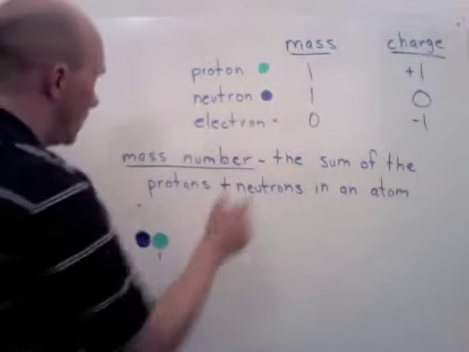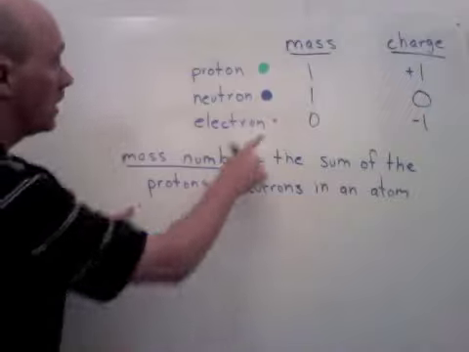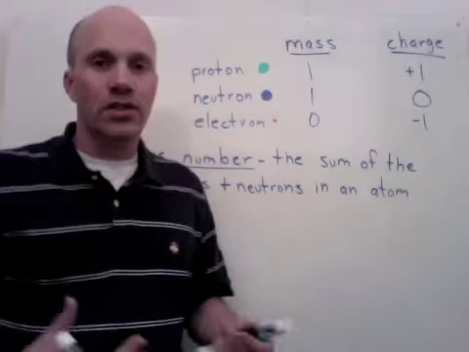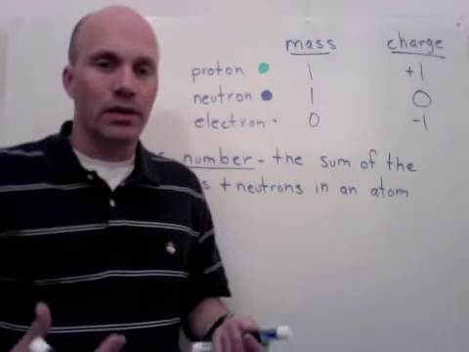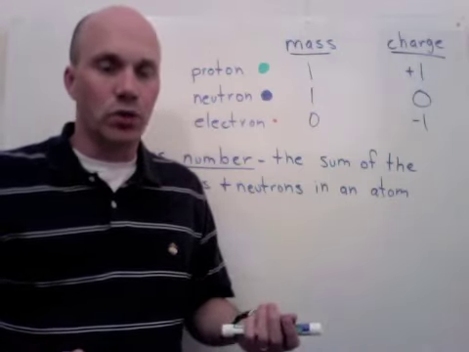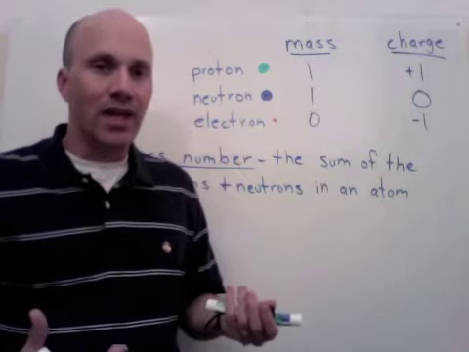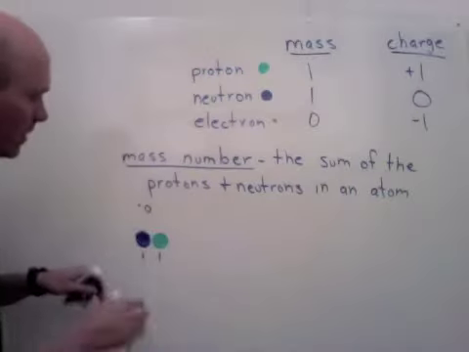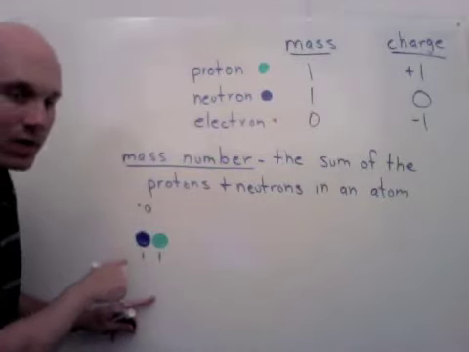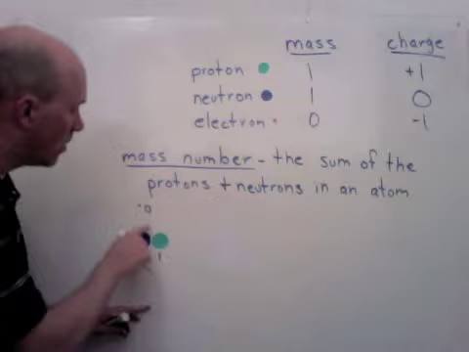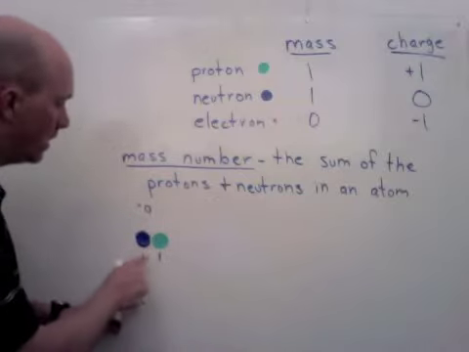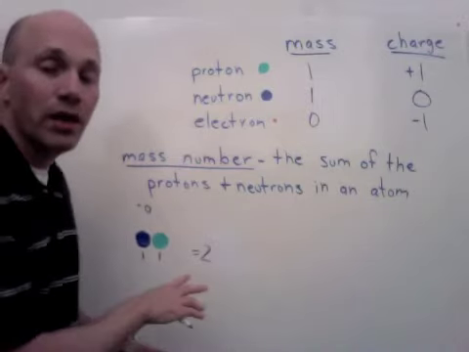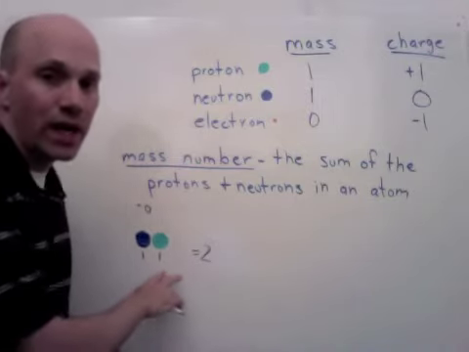A neutron also has a mass of 1. An electron is considered to have a mass of 0. So just like you could consider your body weight to be the sum of the weight of all your individual body parts, the mass of an atom is just the sum of the mass of all the particles that make it up. So the mass of this entire atom would just be the masses of all of these different particles added up. 1 plus 1 plus 0 equals 2. That's what the mass of this particular atom would be.